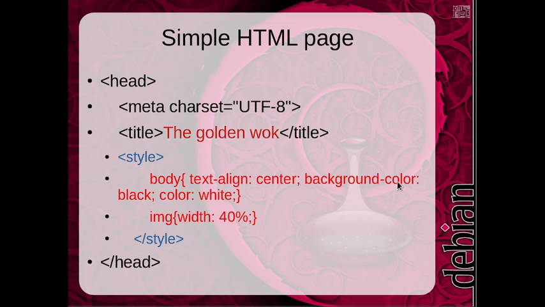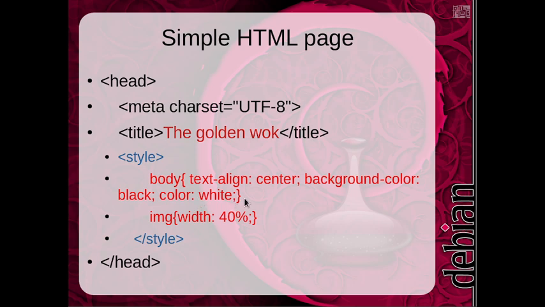It's for the second command, think of it this way, in the same section, which is the body. So we have background-color, colon, black, so we want it to be black, and color, colon, that means the text color, white.